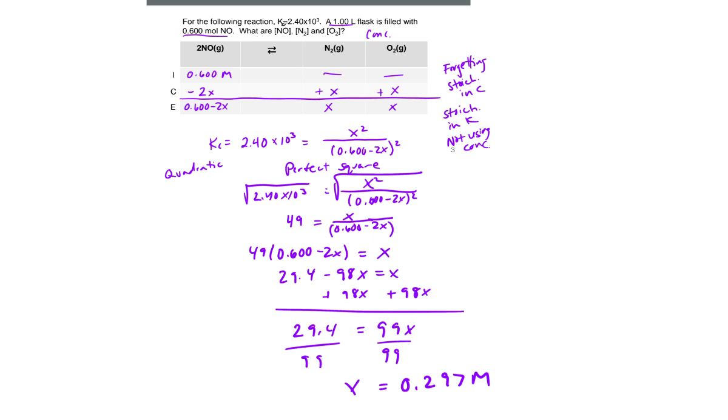Did anyone solve it with the quadratic formula? Did you get the same answer? You get two answers, right? Is one positive and one negative? You got 0.3 and then 0.296.